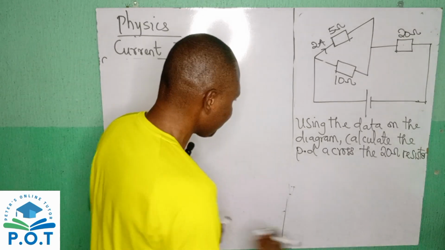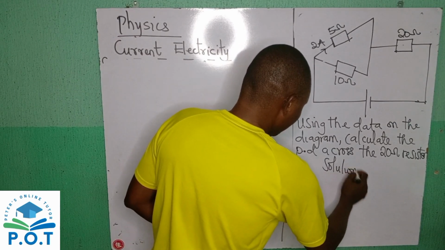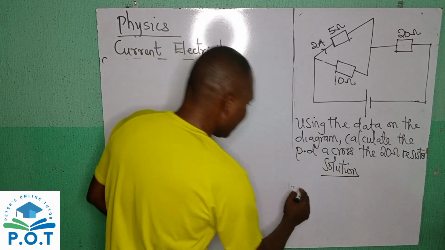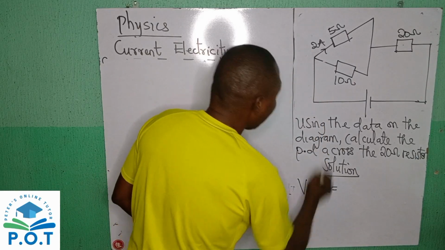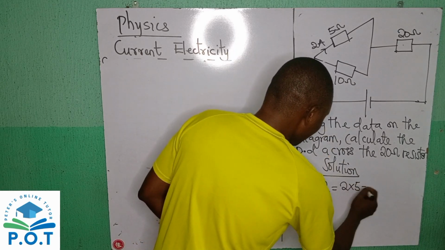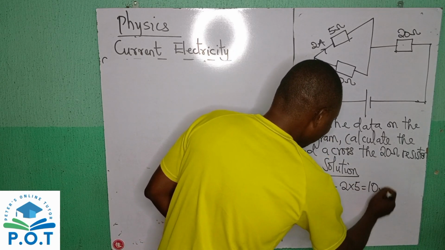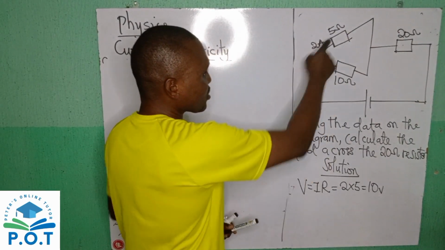So let's start. From Ohm's law, V equals what? IR. My I is 2, my R is 5. So 2 times 5 is 10. That's 10 volts. So 10 volts is the PD across 5 ohm.